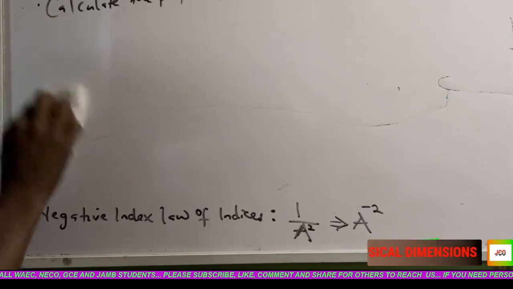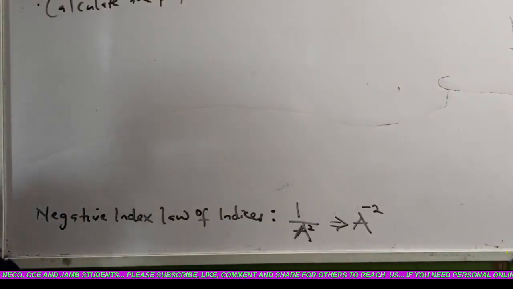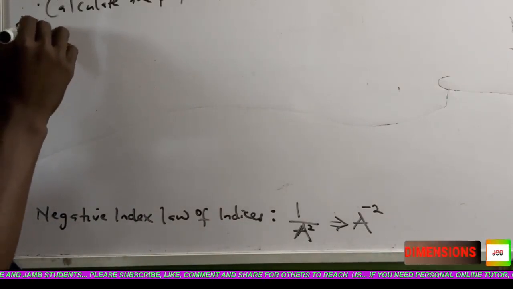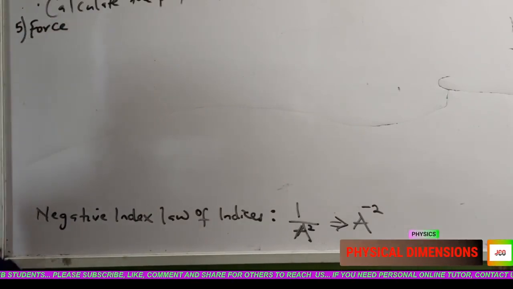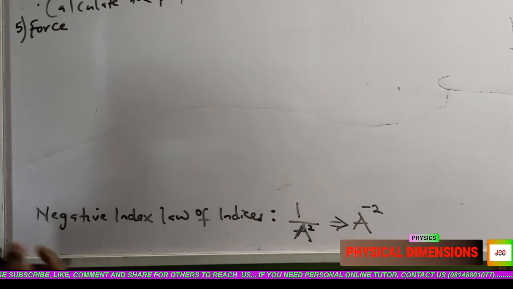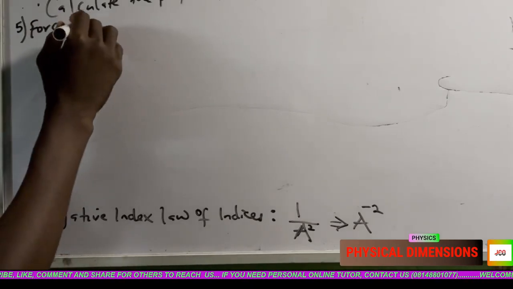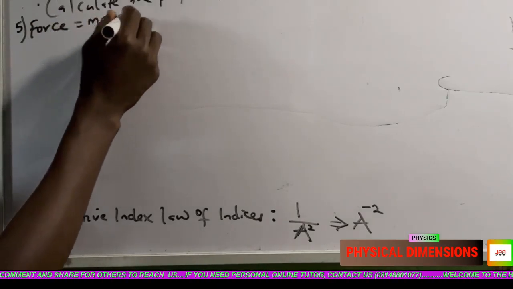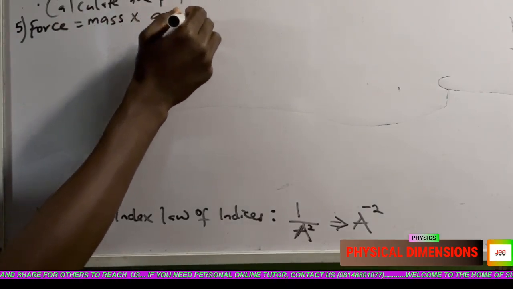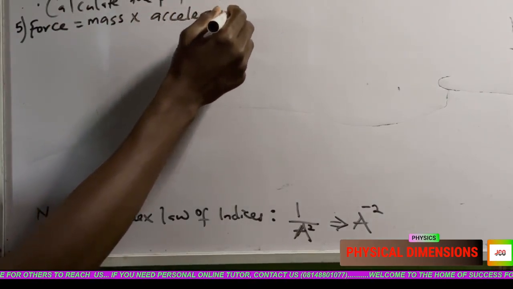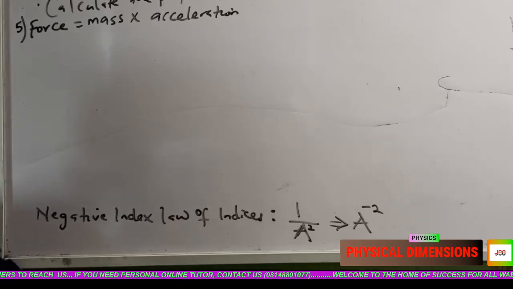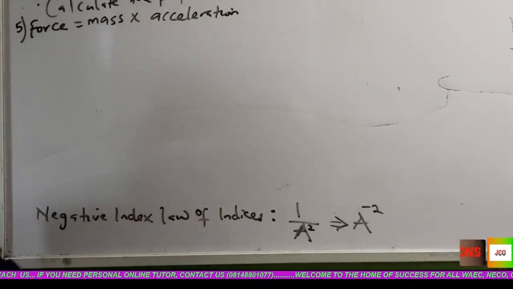So how will I solve this? Let's go for number 5. Number 5 is force. What is the formula for force? Force is actually mass times acceleration. I'm going to ensure that all I'm writing is in a straight line. Look at it very carefully.